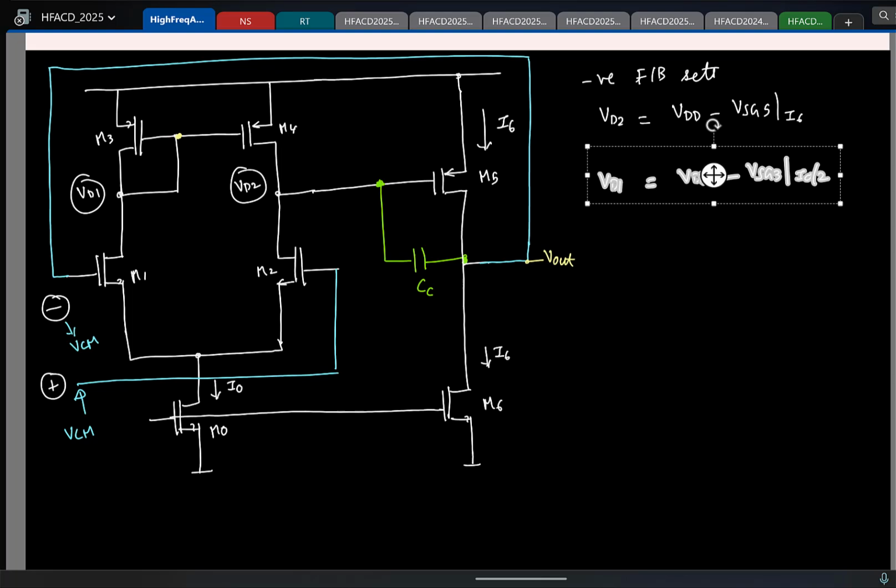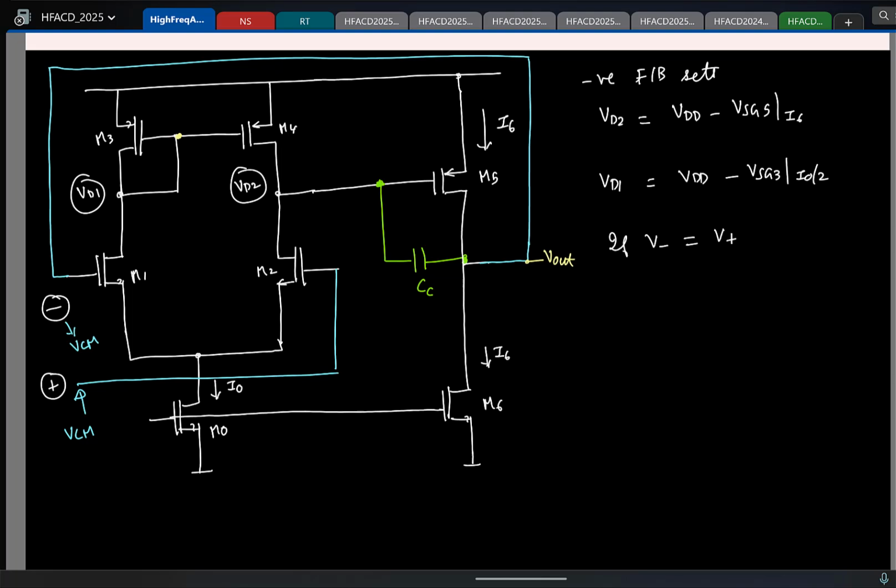Okay. This much is clear. Now if I assume that the inverting terminal and the non-inverting terminal are equal, which is in turn equal to the bias voltage, the common mode VCM I have applied. If these two voltages are equal, what can you say about these two voltages? They should be equal.